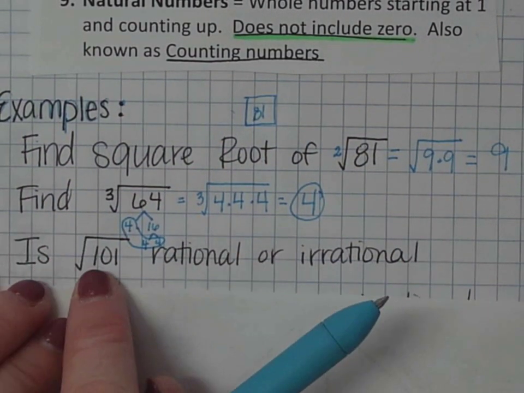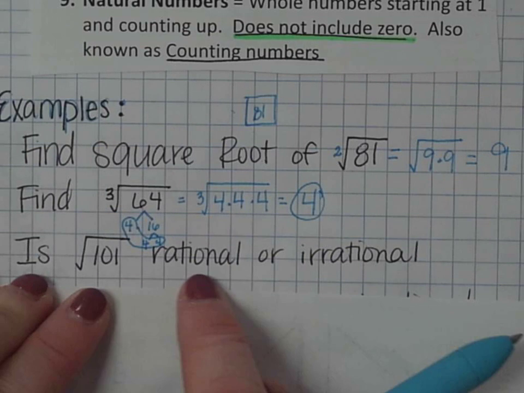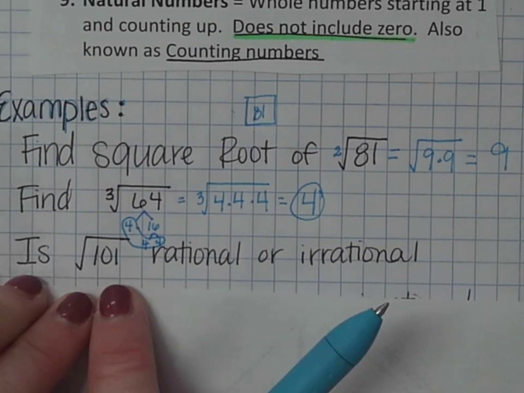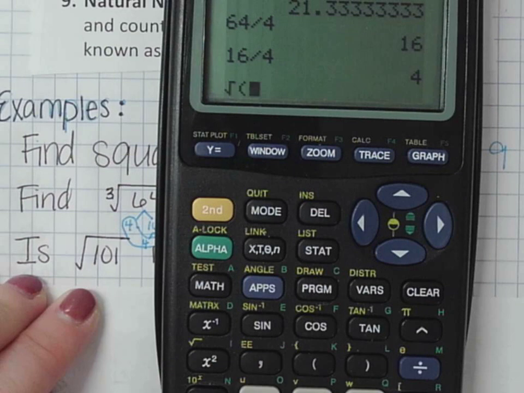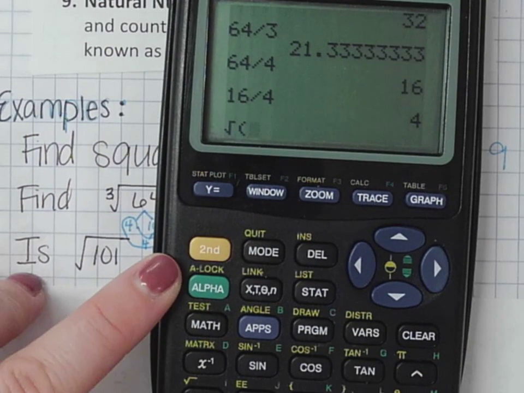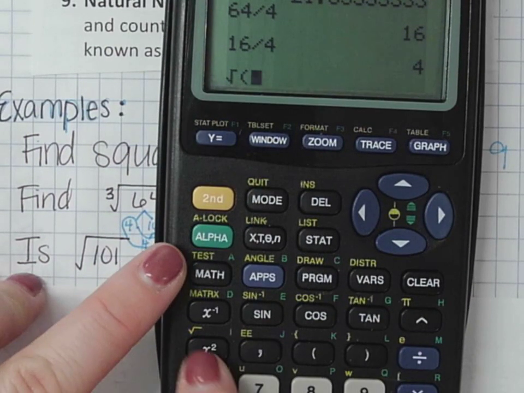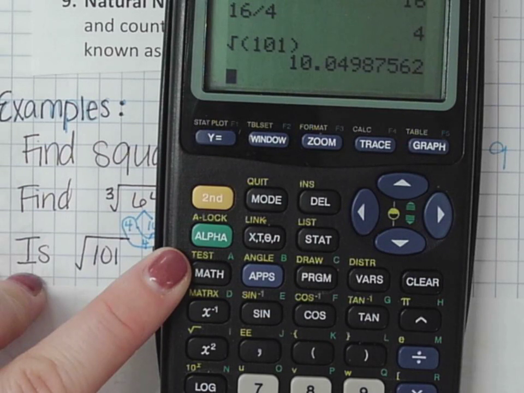Okay, now, is the square root of 101 rational or irrational? Well, if you take the square root of 101, notice I hit second on this button right here that has the square root.